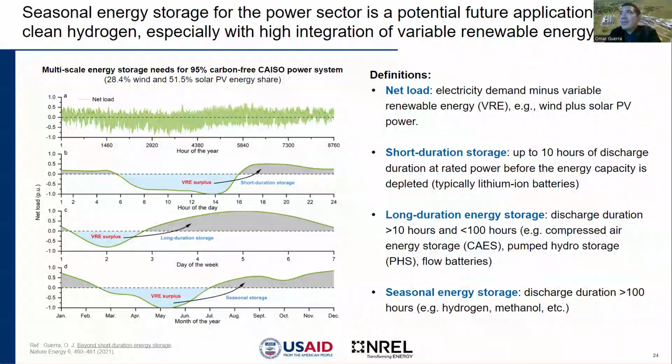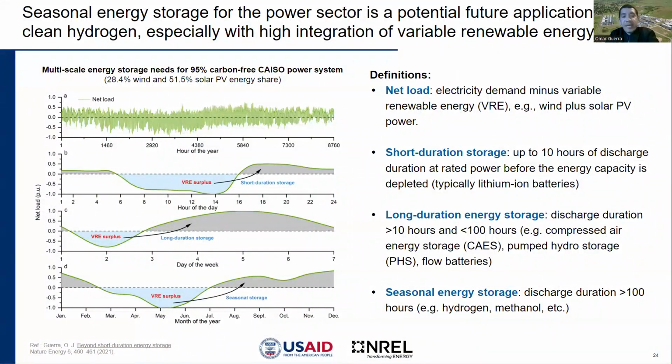Another application, perhaps not important now but in the future very relevant for hydrogen, is the fact that as we move to 100% renewable energy systems or power systems, we're going to need energy storage. And we're going to need energy storage across different time scales. So on the left, you can see a representation of the net load for the power system in California with almost 95% clean energy, including 28% wind plus almost 52% solar PV integration.